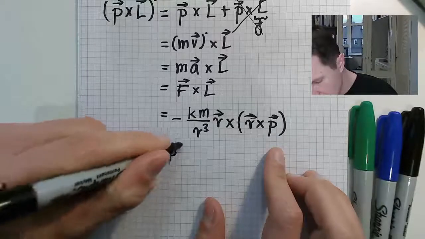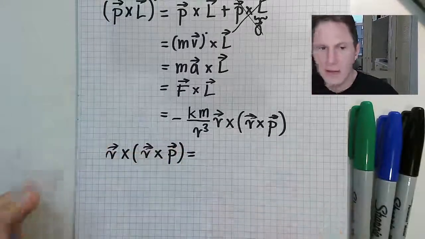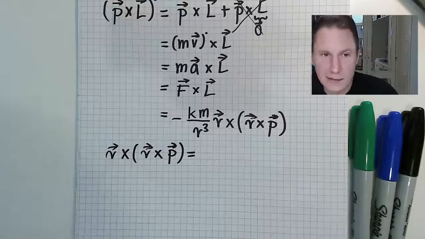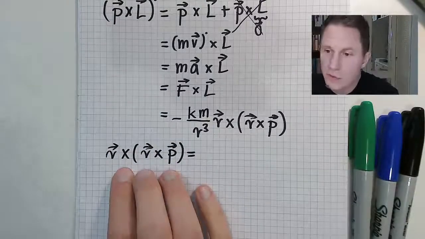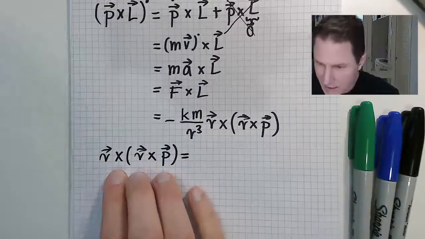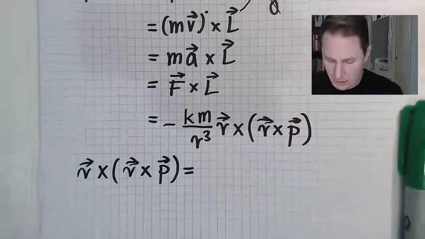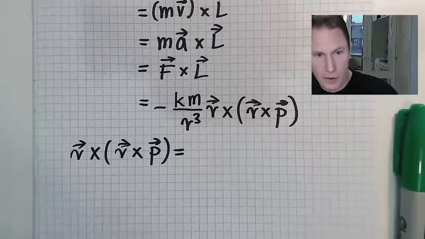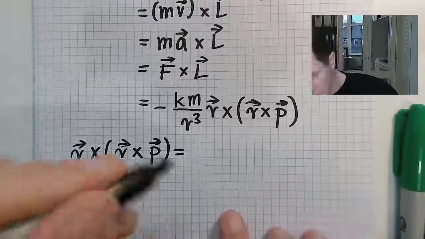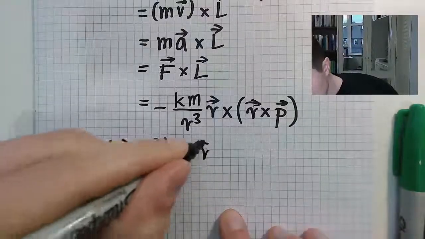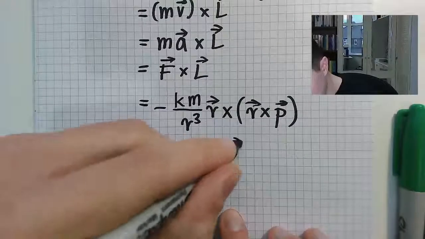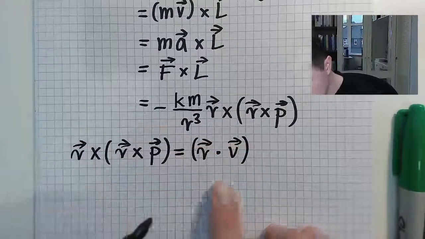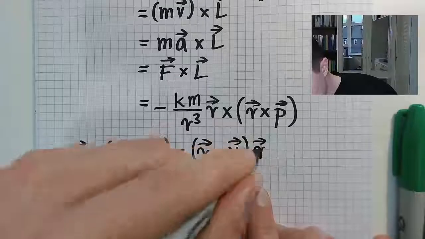There is a nice vector identity expressing triple vector products such as this in a somewhat simpler form. You can do the following. You take the scalar product of r and v, multiply with this number, you multiply r.